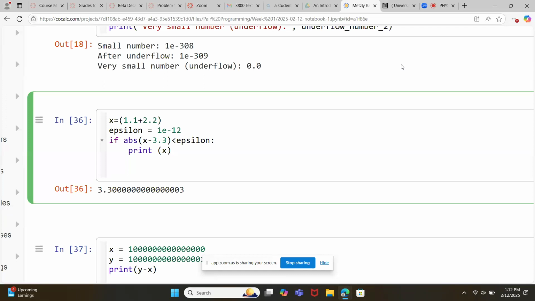Too big? Let's see how many digits of accuracy. 1, 2, 3, 4, 5, 6, 7, 8, 9, 10, 11, 12, 13, 14, 15, 16. It's only a mistake in the 16th decimal place. What's happening? Yeah. What's physically happening in a computer when it records a number?